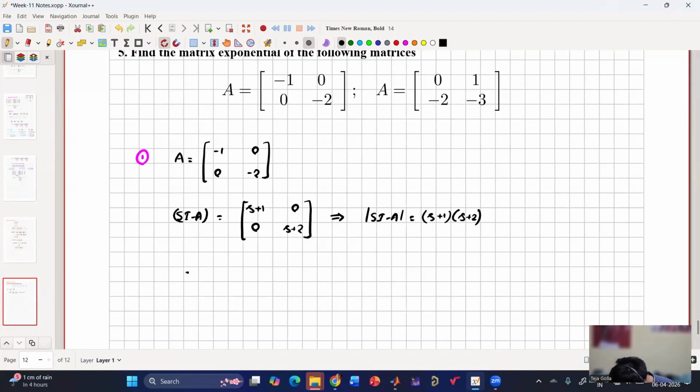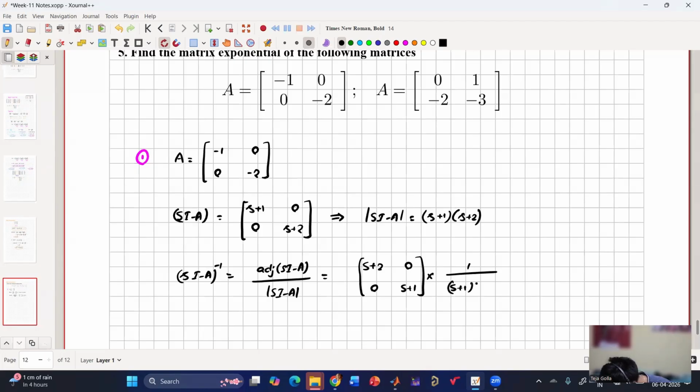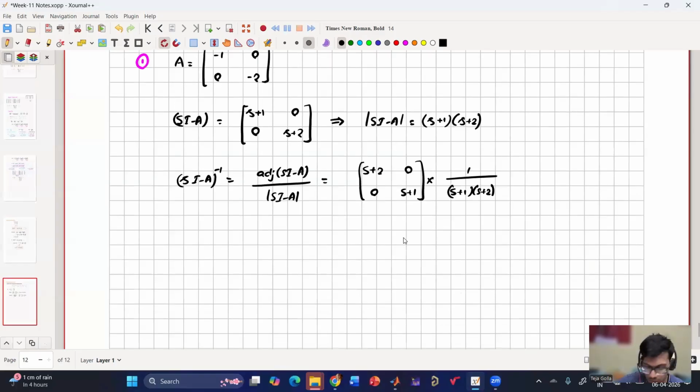Now, how can I calculate (sI minus A) inverse? It is adjoint of (sI minus A) by determinant of (sI minus A). So this will be s plus 2, 0, 0, s plus 1 matrix into 1 by (s plus 1)(s plus 2). Okay. So now I have to apply Laplace inverse.